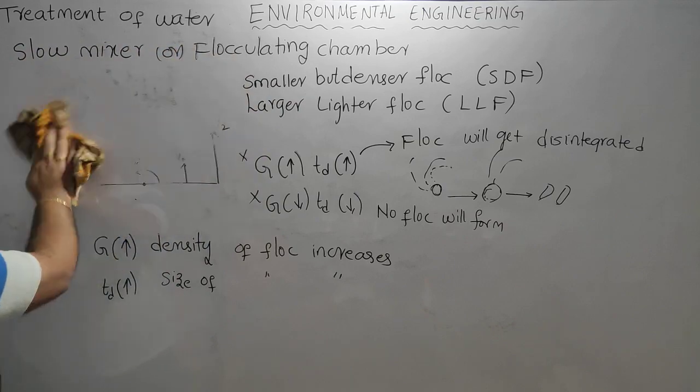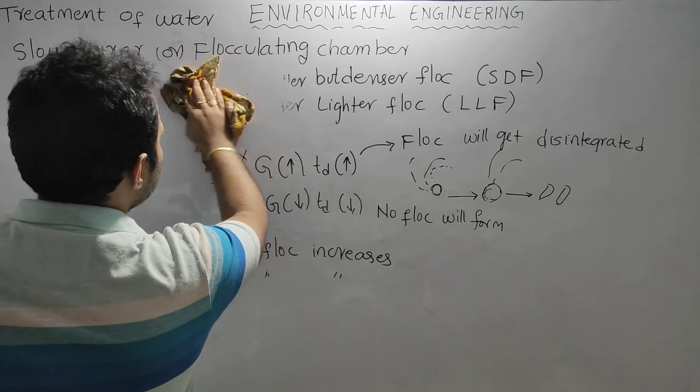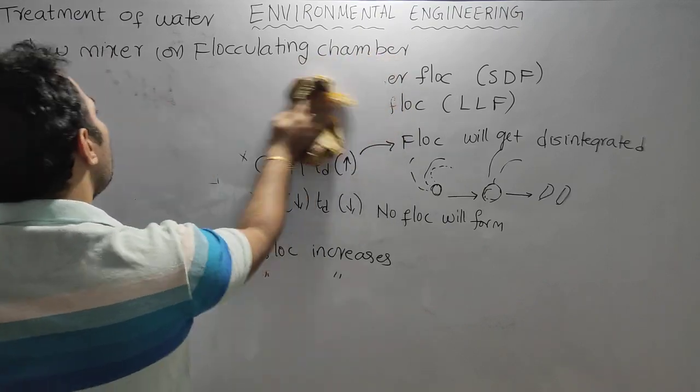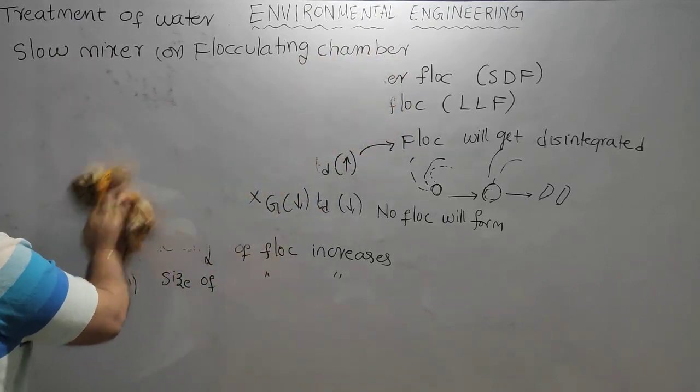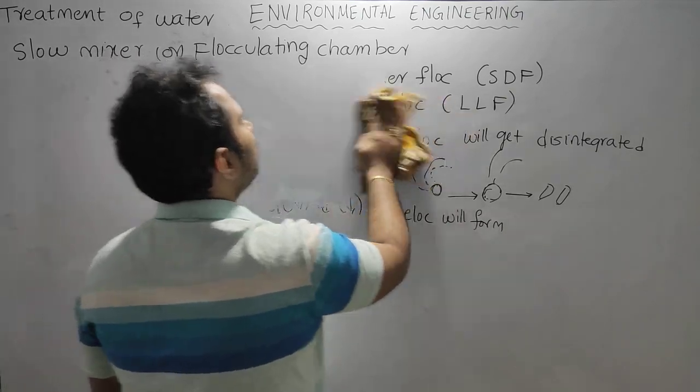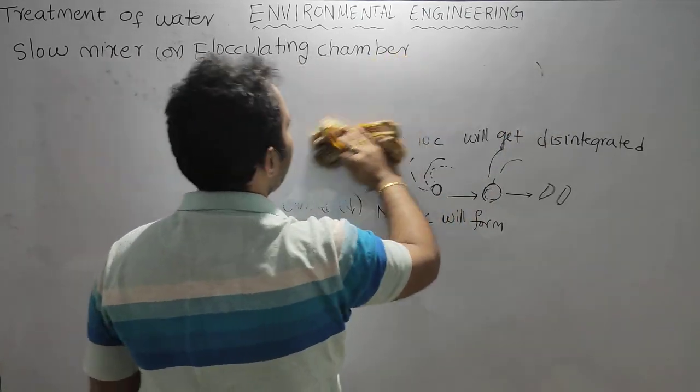So this is the main theme of slow mixing. Now you will get to know how generally we get larger and denser flock with the available two combinations.